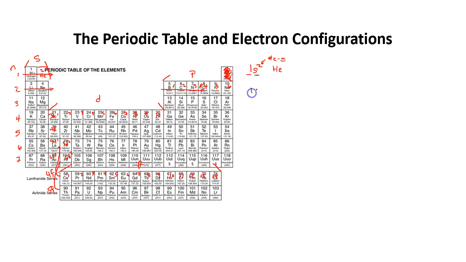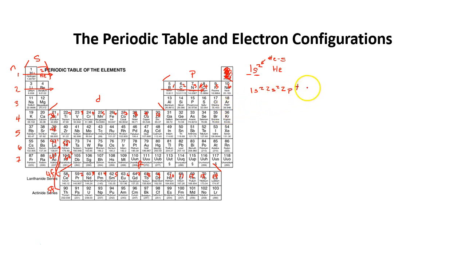So we go through 1S, so that's 1S2. We had to go through 2S, so that is 2S2, and then we get to 2P. So we count, now that we're in 2P, we go 1, 2, 3, 4, so that's 2P4.